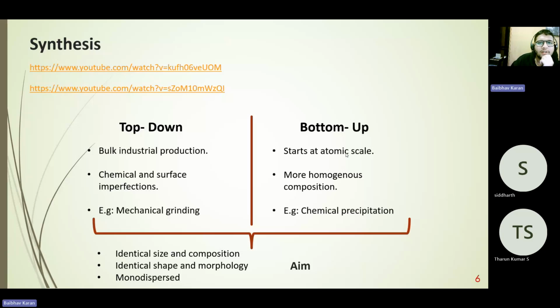This was just an introduction class to show you what is the range we're talking about, what are the different types of nanoparticles, to give you the introduction about the nanomaterials. We'll be going through more detail regarding this course in the following weeks.